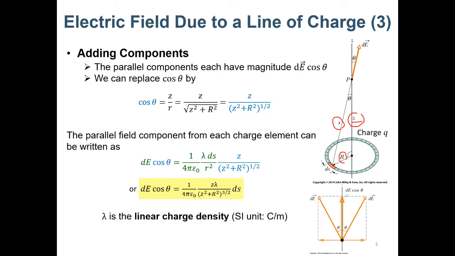So r is the square root of z squared plus capital R squared, according to the Pythagorean theorem.